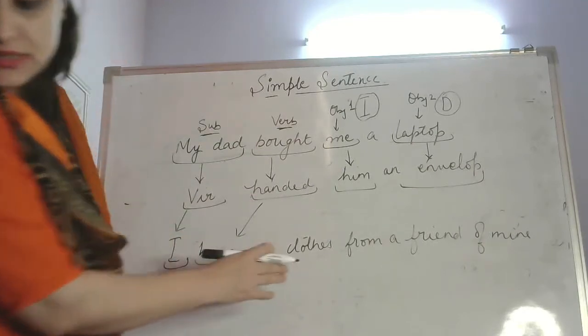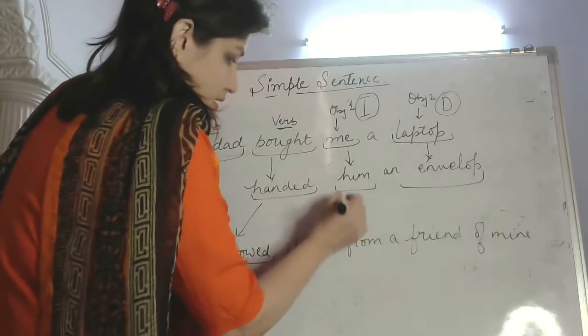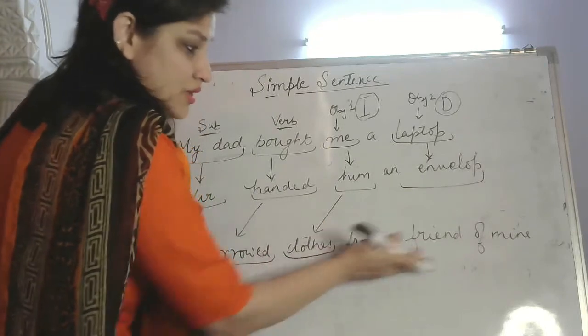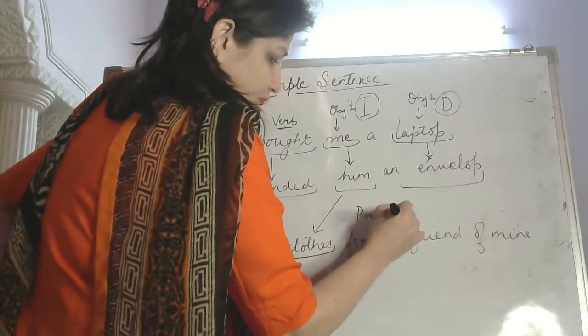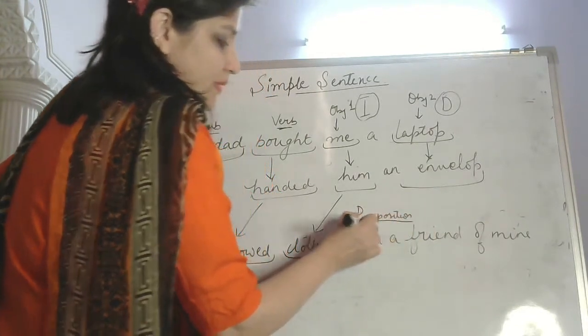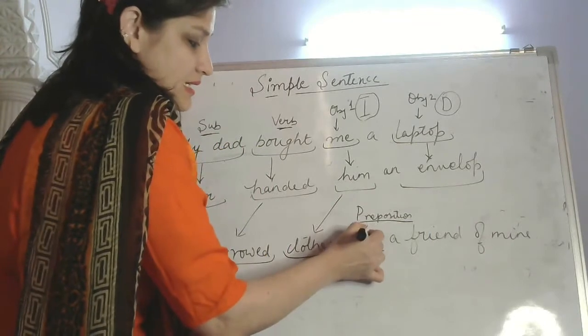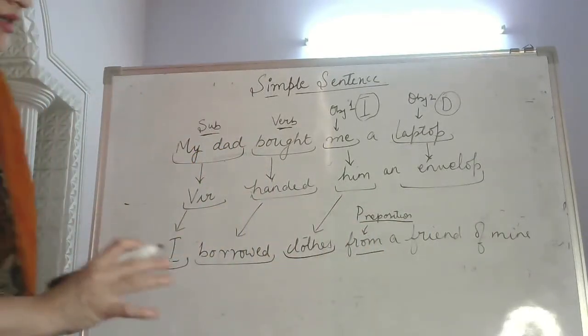Clothes is the object, right? But here things change. This is a preposition. Please see how every topic of your grammar is connected. So if you leave any chapter, you'll miss it and you'll not understand it.